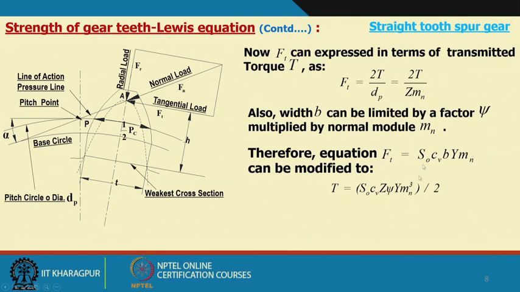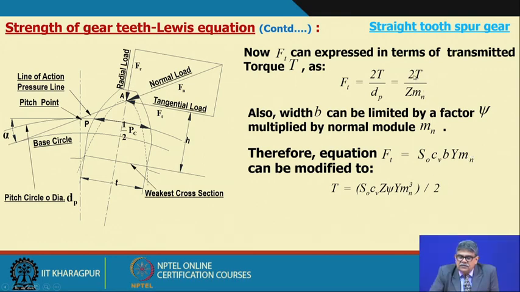So, we are getting here m n cube, and this 2 is coming over here. So, torque now can be expressed in terms of the allowable strength, velocity factor, number of teeth, width factor, modified form factor, Lewis form factor, and module.